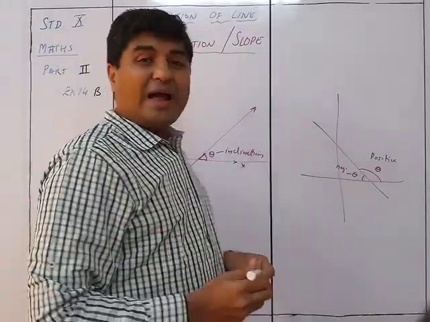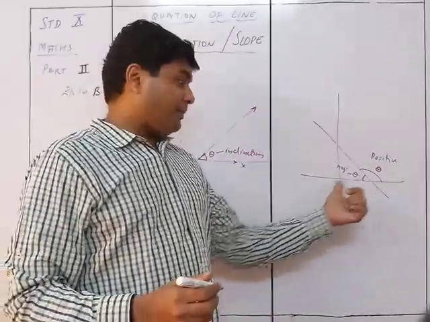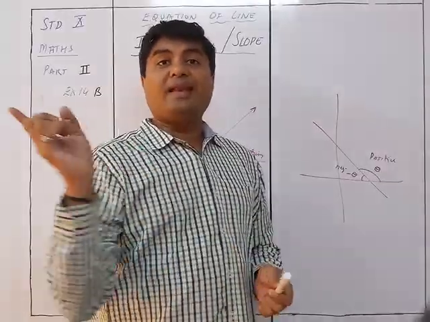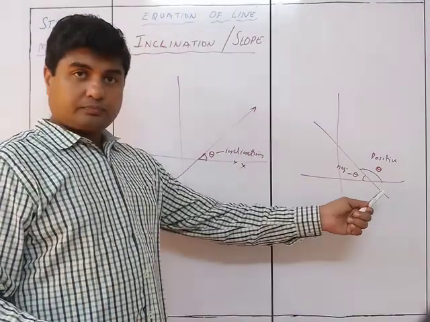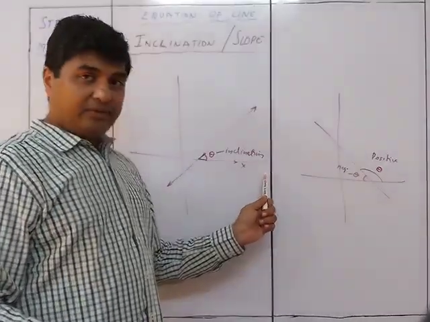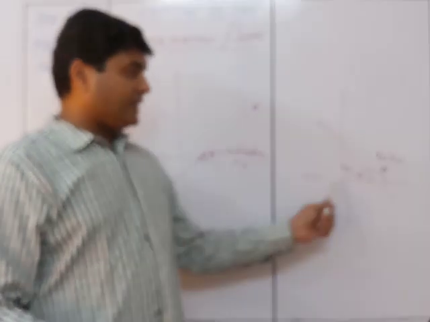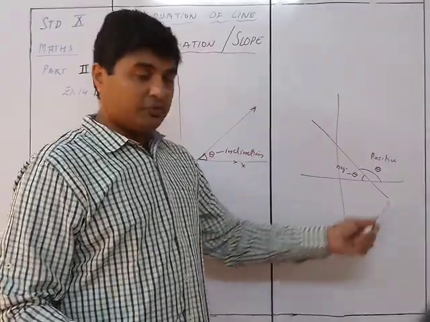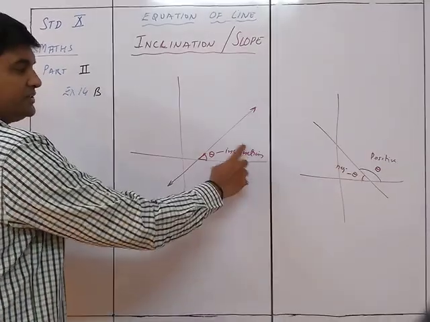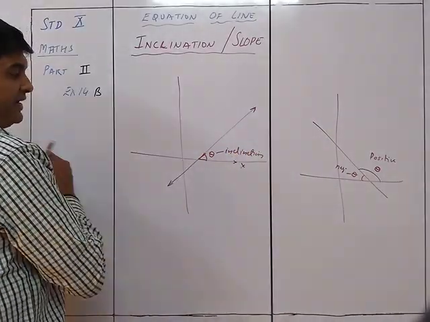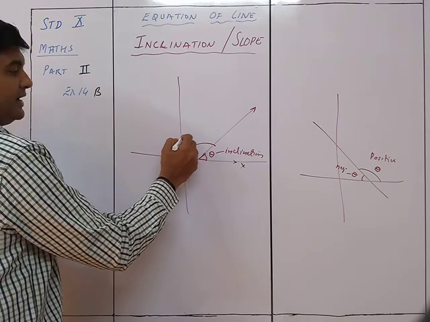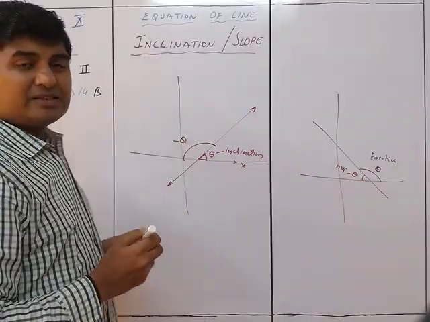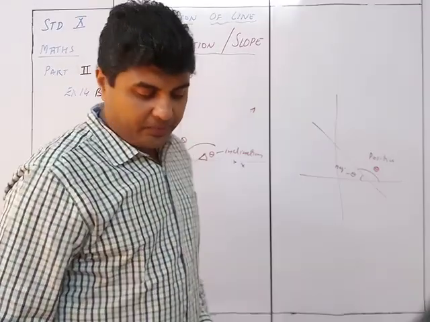If the arm of the angle is towards the negative side, then the inclination is negative. If the arm is towards the positive, the inclination is positive. Here, this is towards positive, so the inclination is positive. If I take this angle over here, it is negative theta. So that's the inclination, positive and negative.